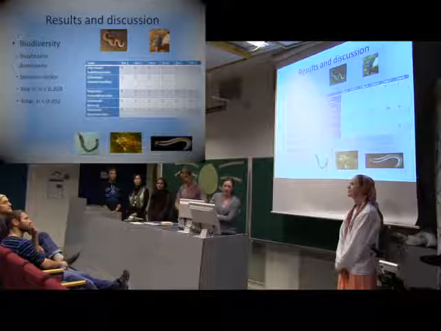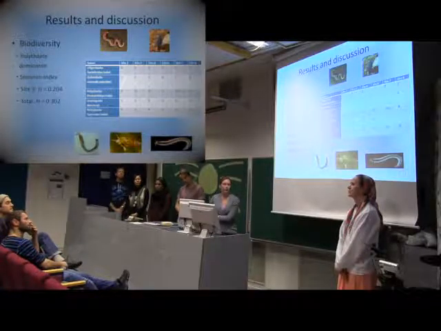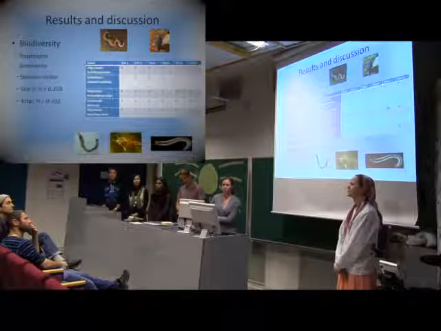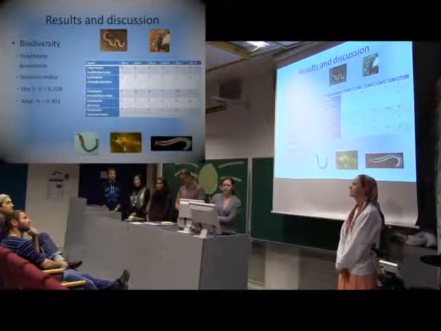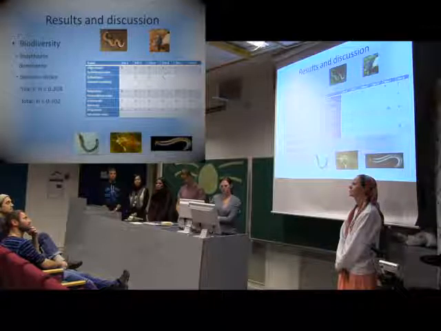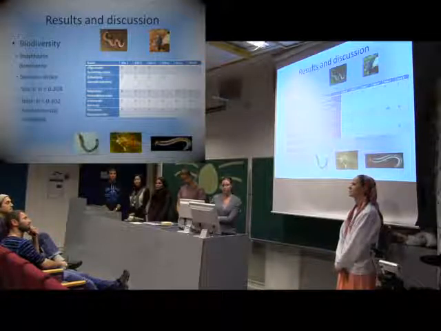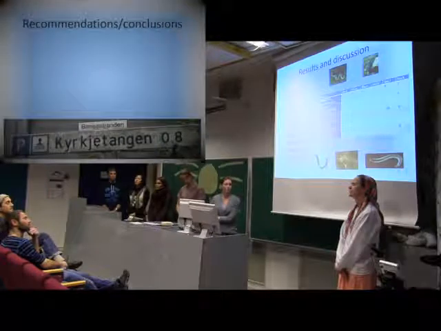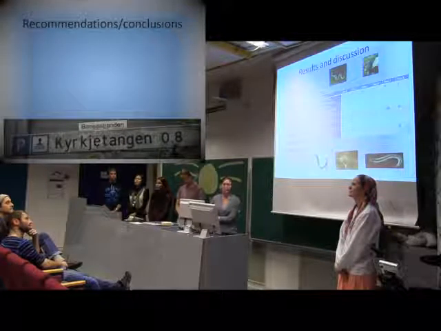We also looked at the habitat, and Kyrkjetangen lies openly to the Nordåsvannet, which could cause regular disturbance to the benthic zone and create a challenging environment for species living there, and also affect the low biodiversity.